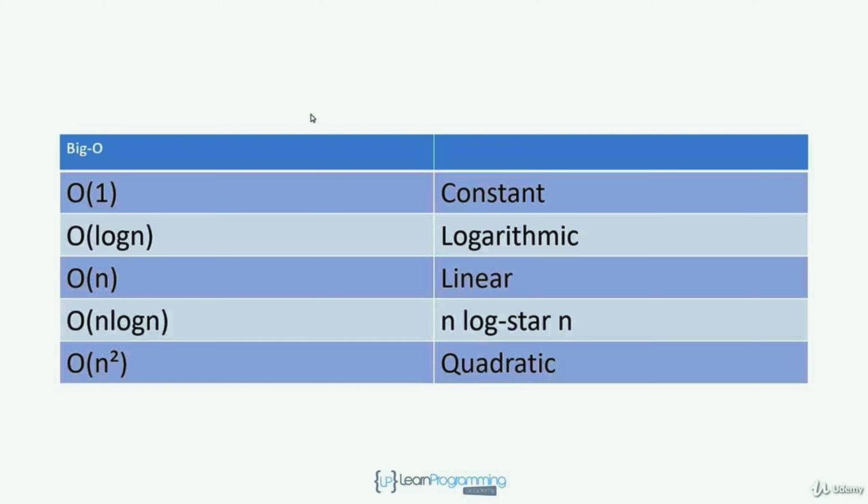So the correct way of saying it is O of 1, O of n, O of log n, etc. But I am going to slip up occasionally and say O to the, because that's what was drilled into my head when I learned this material. If you hear me say O to the 1, O to the n squared, etc., just convert that to O of in your mind. Chances are you're never going to actually have to say this, ever. In my entire career, I never once had to say O of whatever.